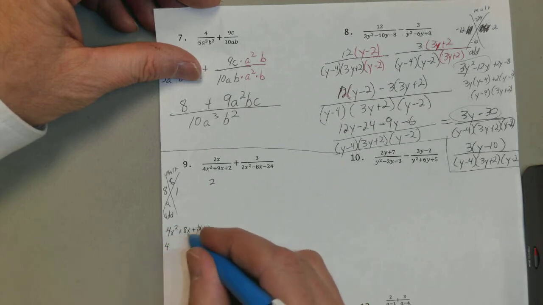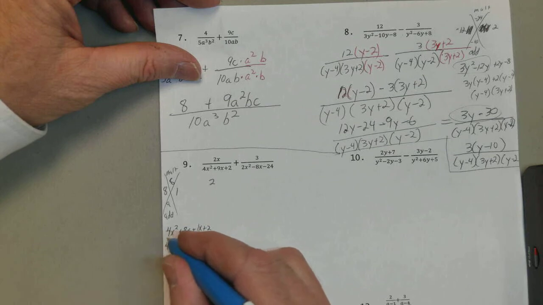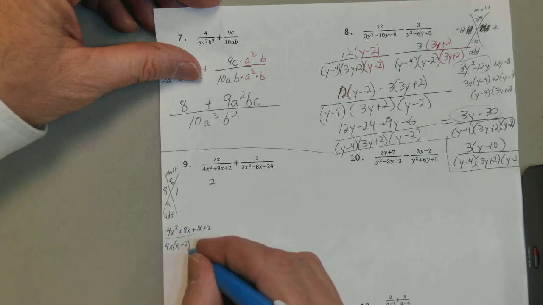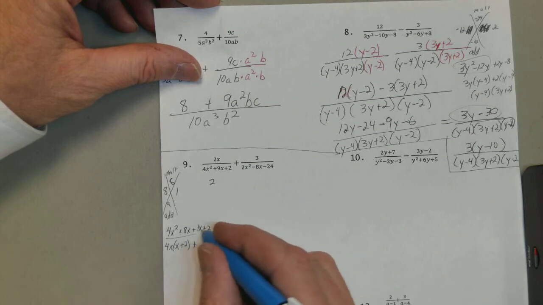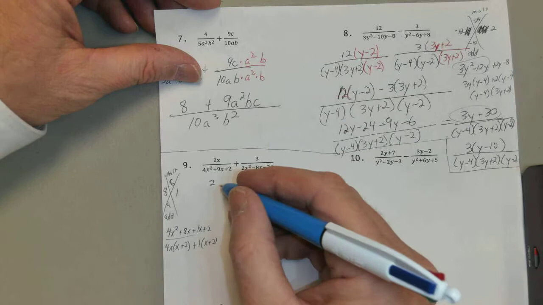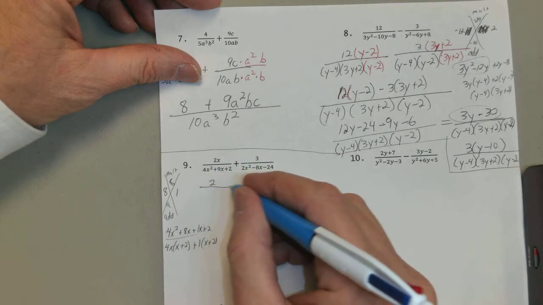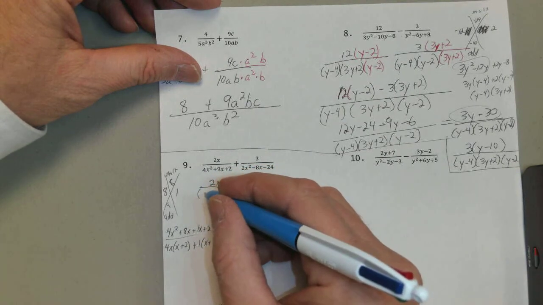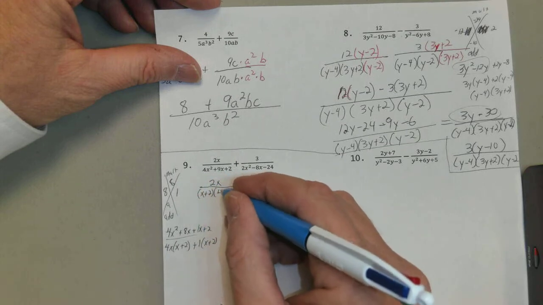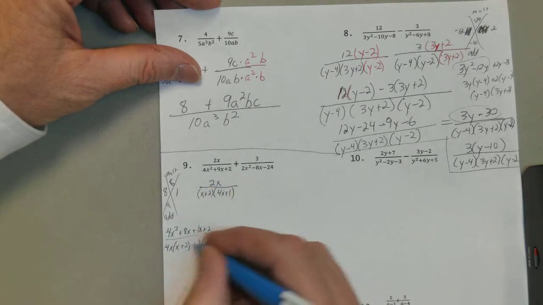Put the 4 and x is the GCF for these two. I got x plus 2. And then 1 is the GCF there, and that's x plus 2. So that's 2x over x plus 2 times 4x plus 1. I didn't write that last step out here.